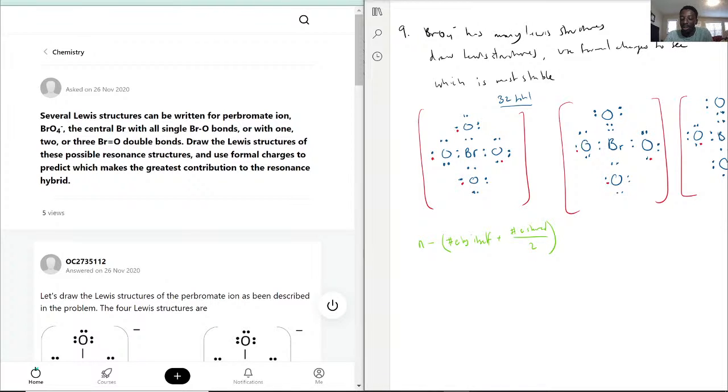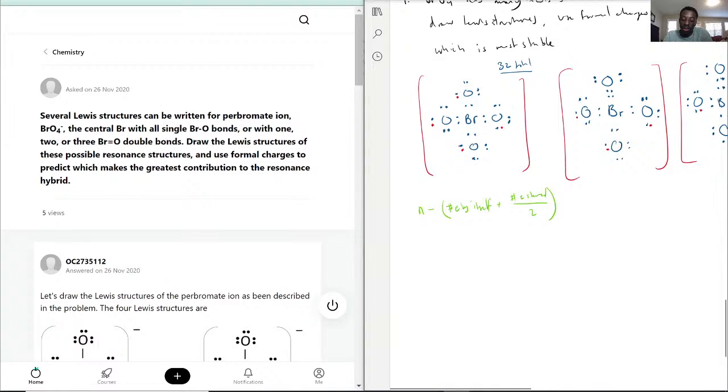That is the formula I'm going to use. So bromine brings 7 to the table, and right now in this it has no electrons by itself, and it's sharing 8. So in this case, bromine, that's 7 minus 4, is going to be 3. So it has a plus 3 formal charge.